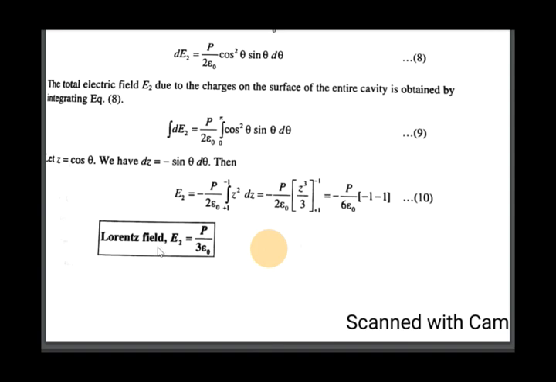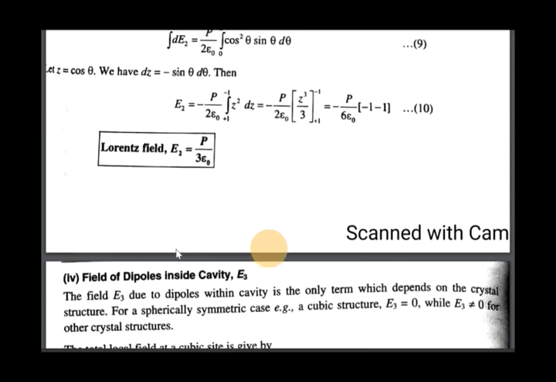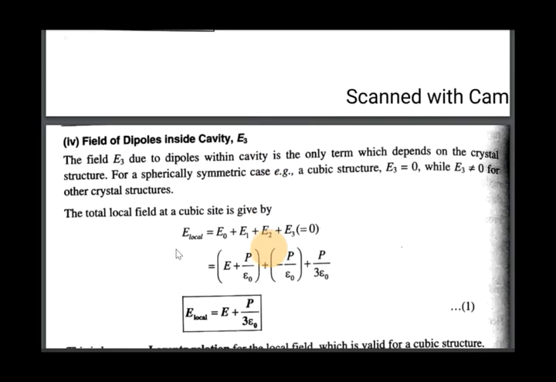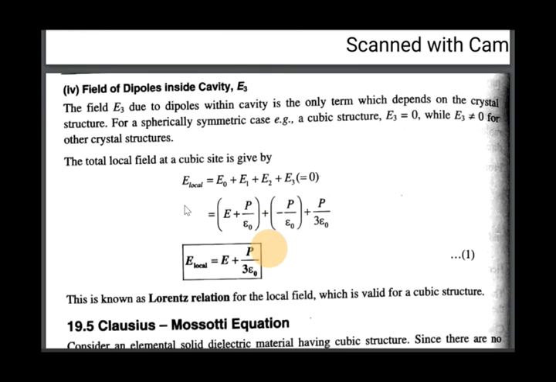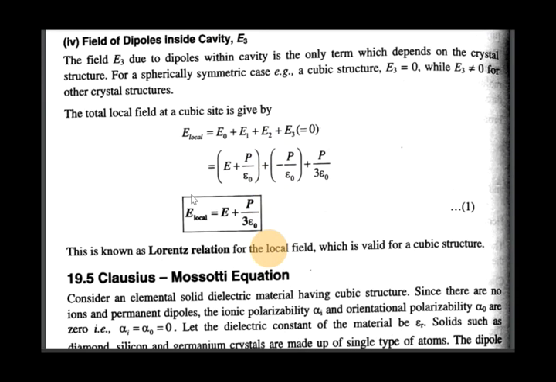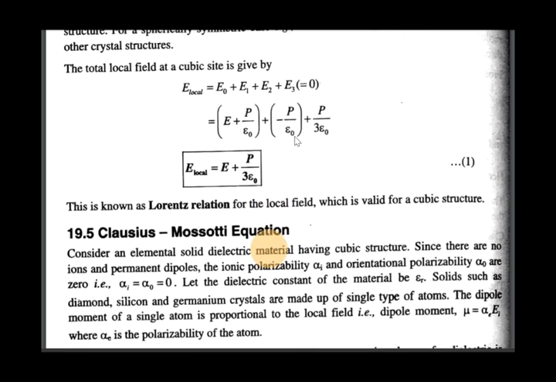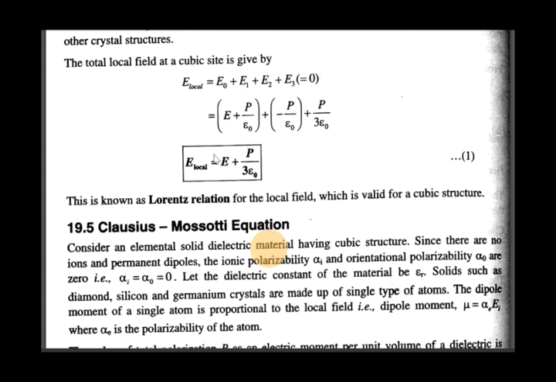We have dz is equal to minus sin theta d theta. Then substituting we get E2 is equal to minus P by 2 epsilon naught times the integral between the limits +1 to -1 of z square dz. After simplification, we get P by 3 epsilon naught. This is the Lorentz field E2.